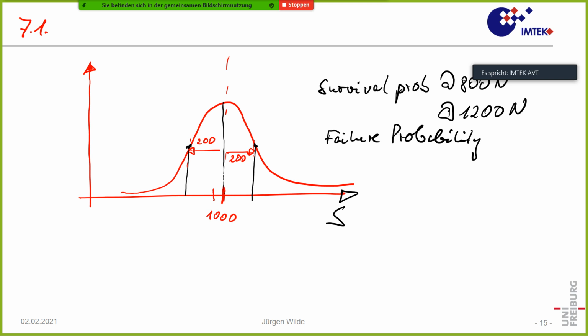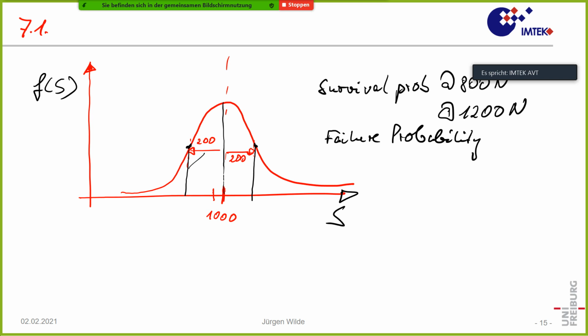Second question: is it a cumulative distribution function we see here, or is it a density function? Okay, so if it's a density function, we write f of s. Now let's have a look at the normal distribution.